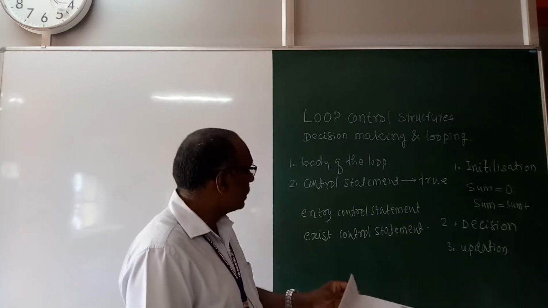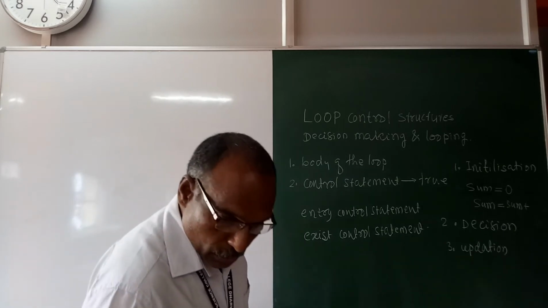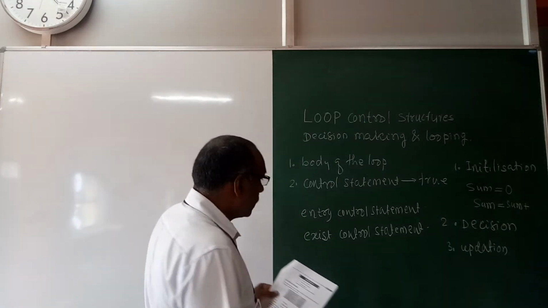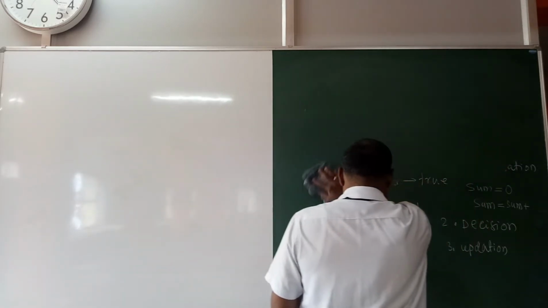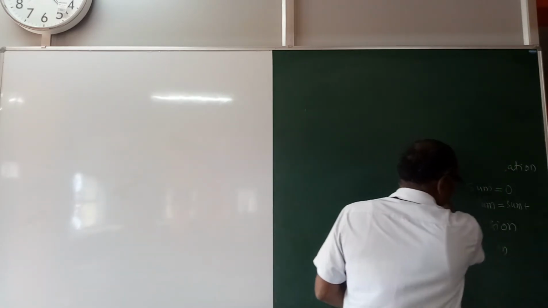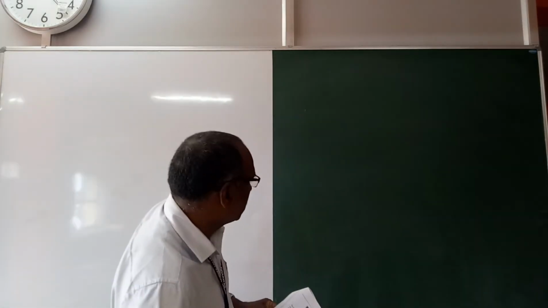So in the loop control structure we have three looping statements: the while statement, the do-while statement, and the for statement.